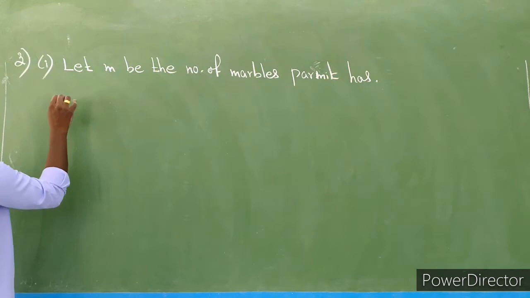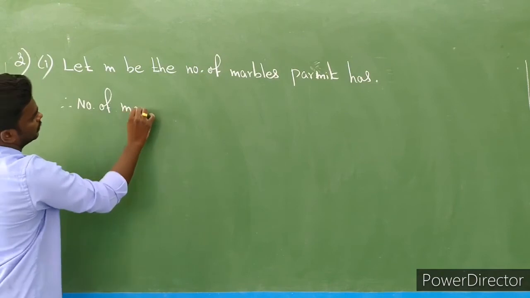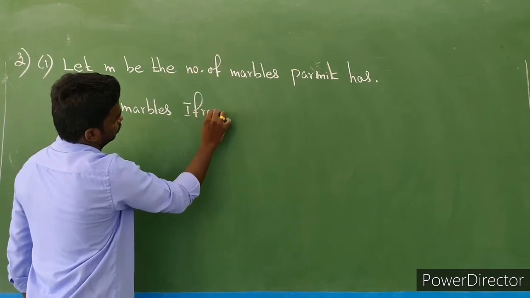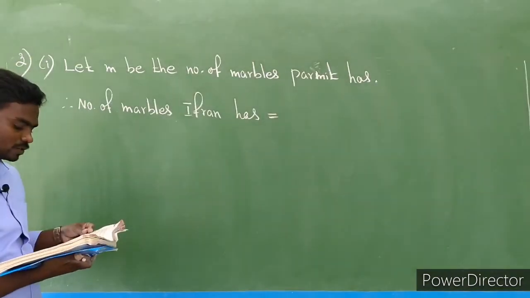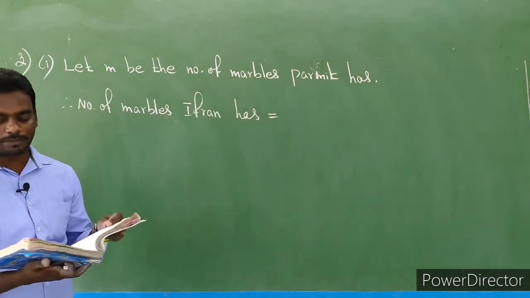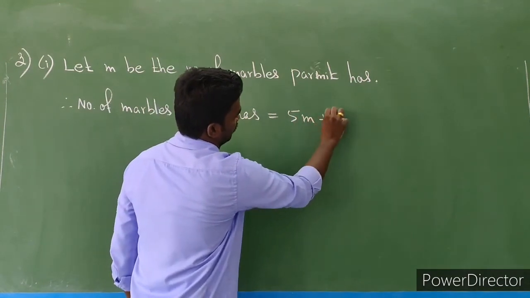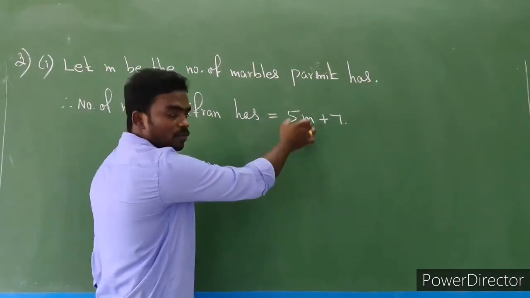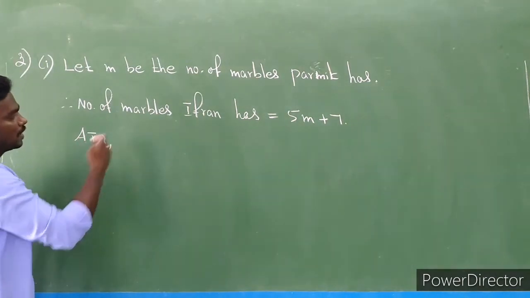Therefore, the number of marbles Irfan has is equal to, what is the condition? 5 times what Parmet has means 5 times M, plus 7. Irfan says that he has 7 marbles more than 5 times the number of marbles Parmet has. So according to our condition, what is that?